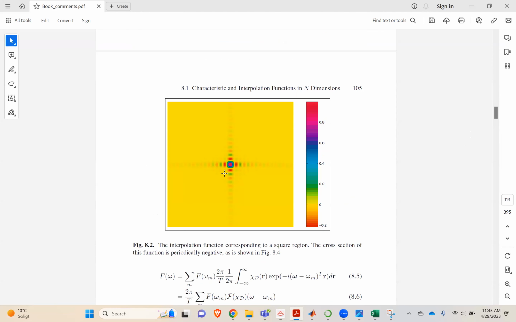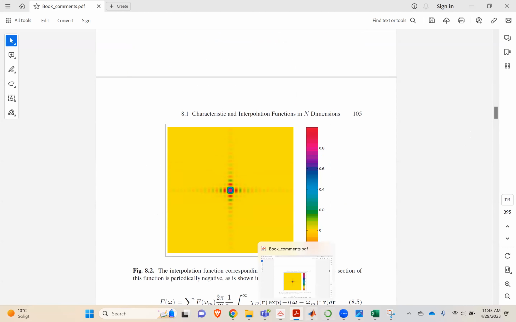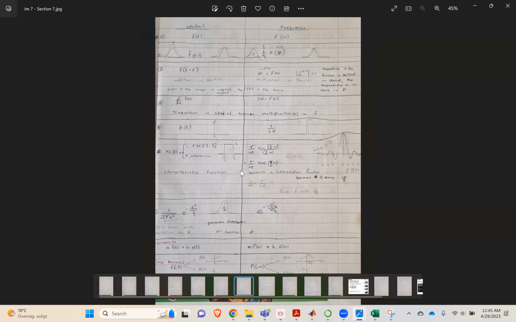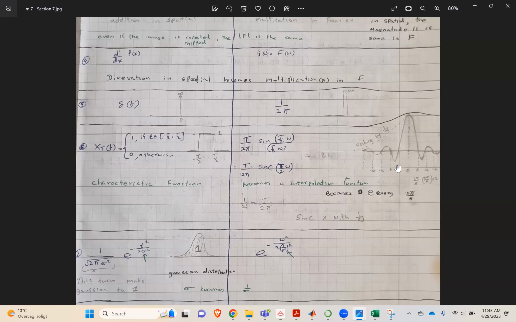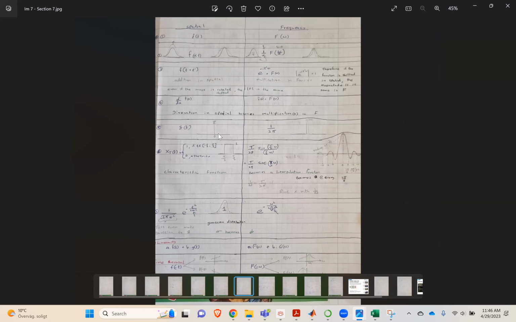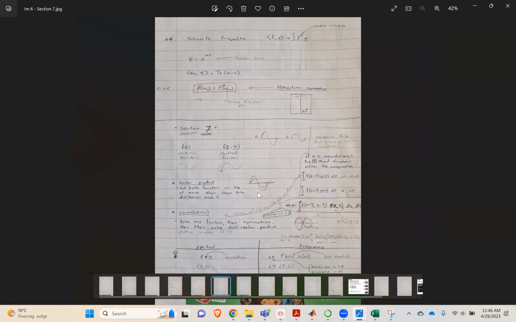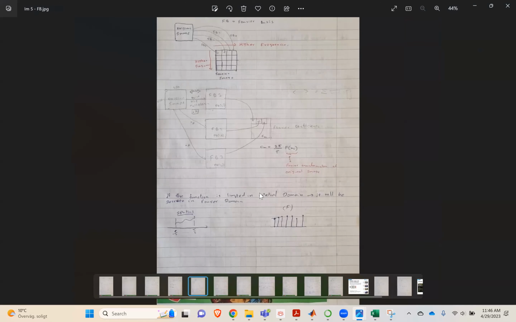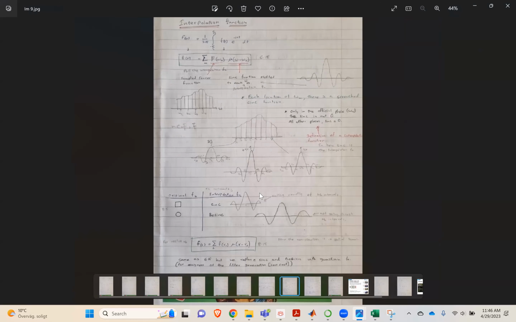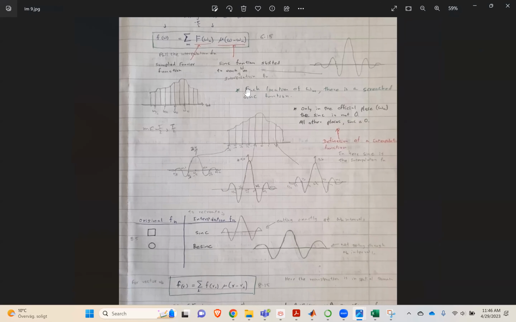If you take the Fourier, it's a sinc function, like this, and that is the one I drew here. Right now we discuss all the sinc functions. Interpolation is nothing but mixing our function with another to recreate our original one. So I need to explain interpolation now before going deeper.